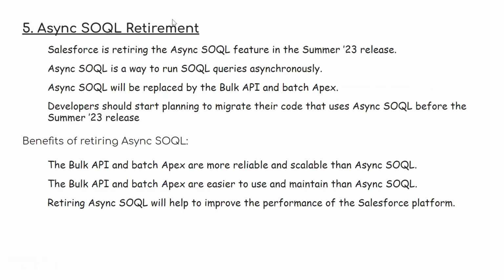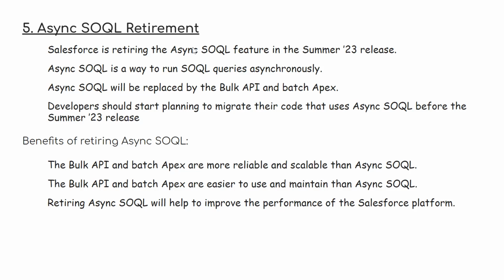Then asynchronous SOQL retirement. Asynchronous means whatever queries we are writing in the org or developer console, it will run behind the scenes at the database. Now Salesforce is terminating it, so it is calling it a retirement.